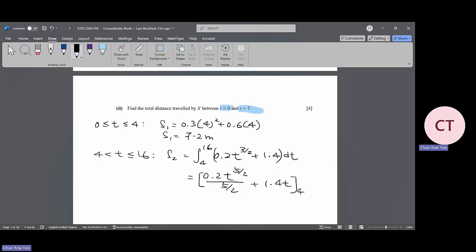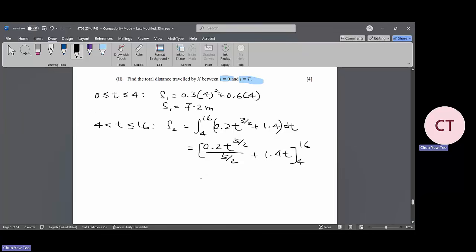from 4 to 16. I prefer to make it into fractions. So we have 2 over 25 t power 5 over 2 plus 7 over 5 t from 4 to 16. Just substitute the values inside here.